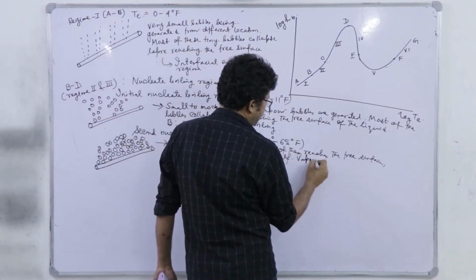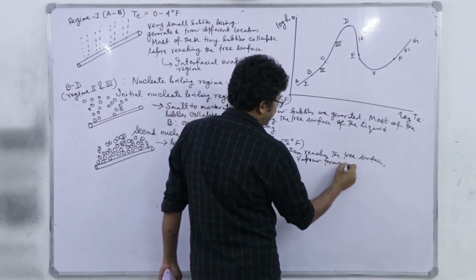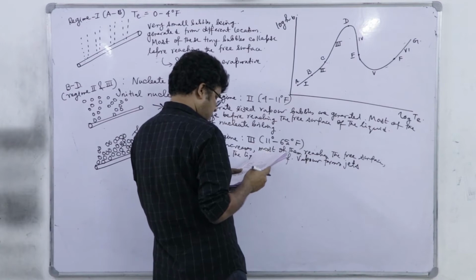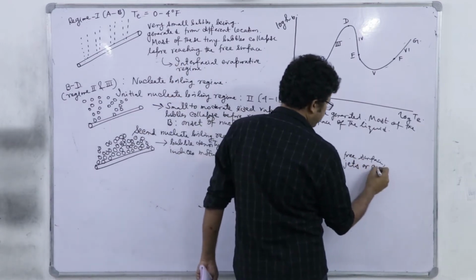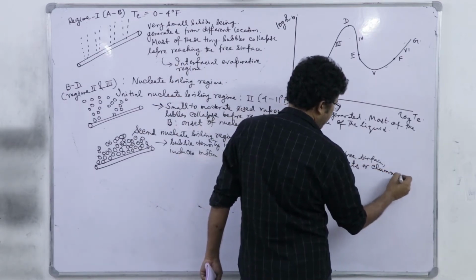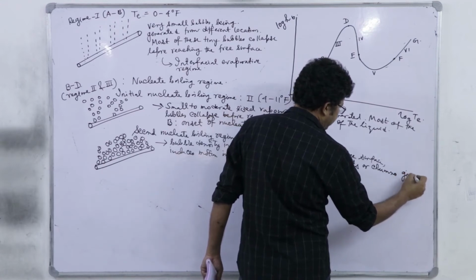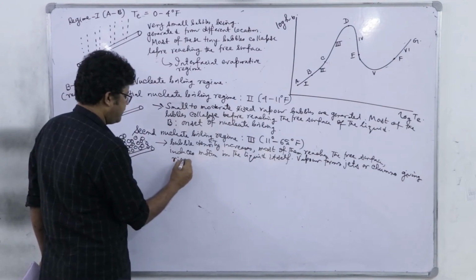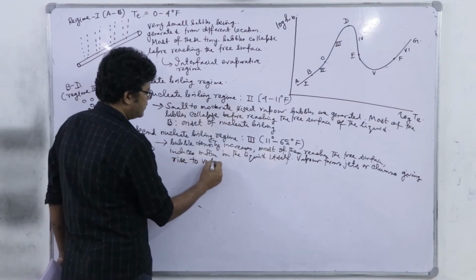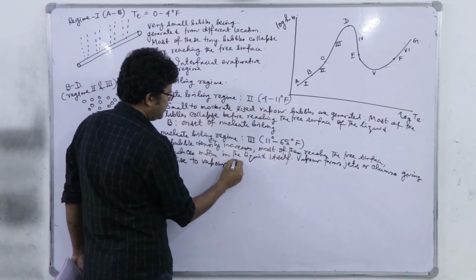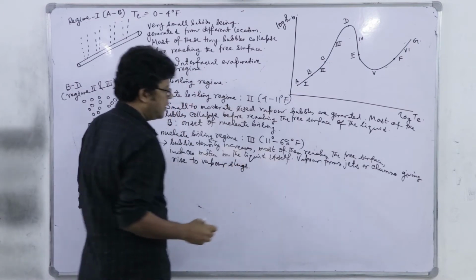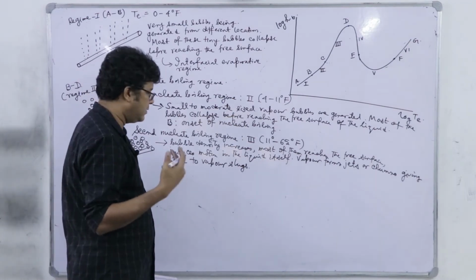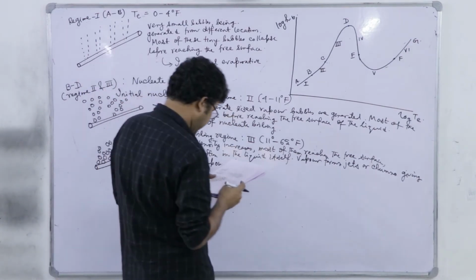Vapor forms jets or columns of vapor, giving rise to vapor slugs, right. And finally, here the breakups and coalescence is very prominent.